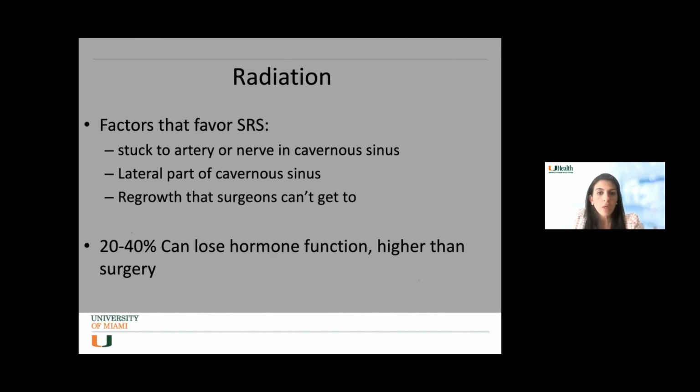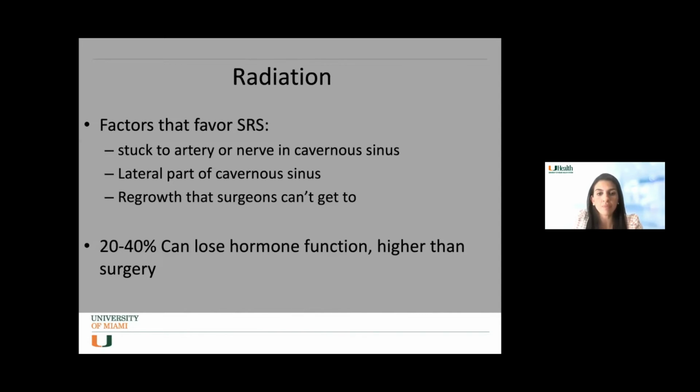In terms of radiation, oftentimes we talk about whether it's large field radiation or SRS. Factors that favor SRS are if the tumor is stuck to an artery or a nerve in the cavernous sinus, where we want a more focal radiation. The lateral part of the cavernous sinus is also where the nerves are.